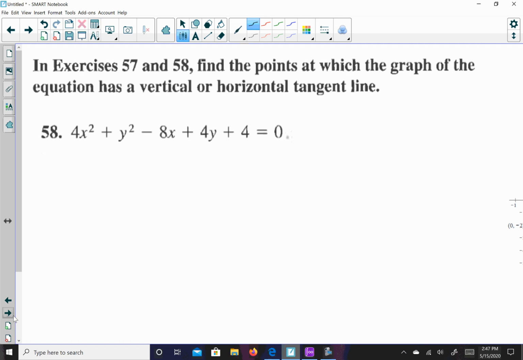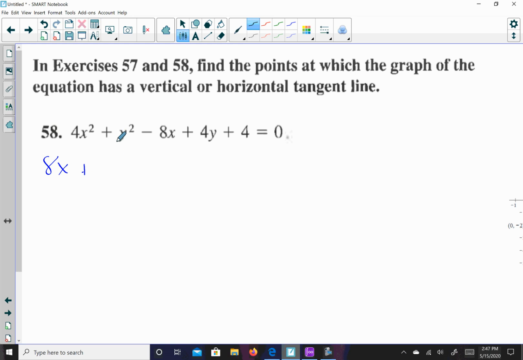Okay, the last one. Find the points at which the graph of the equation has a vertical or horizontal tangent line. So here I have this equation. I'm hoping that you look at it and you recognize it as an ellipse because both x squared and y squared are positive. So I'm just going to take the derivative as I go. The derivative of 4x squared is 8x.